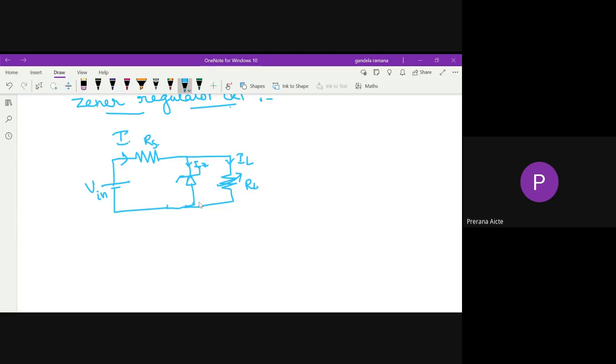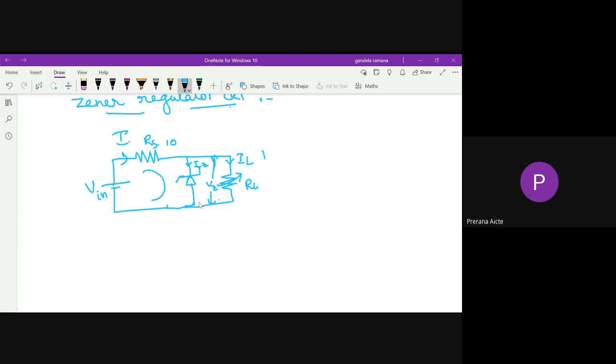For example, 10 members are there: when 9 members go here, 1 member goes there, totally 10. So when IZ is maximum, IL is minimum. This is VZ.